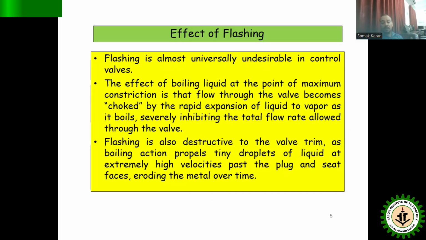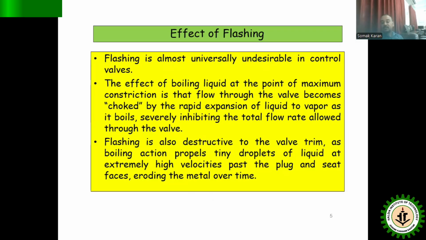When the liquid starts boiling, it will take up the maximum space, so it will stop the flow of the liquid and choke. The rapid expansion of the liquid to vapor makes it boil, so the total flow rate allowed through the valve will be restricted.